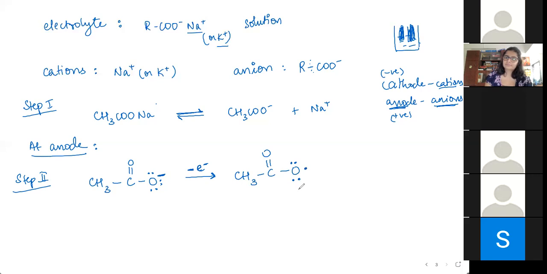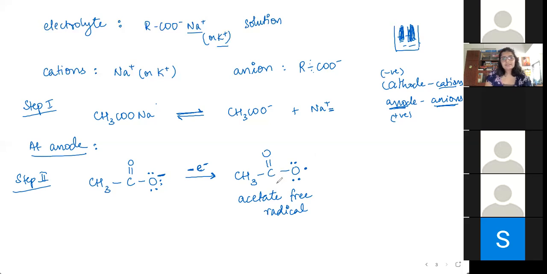Cation. No. Cations के लिए positive. This is a free radical. Now, because it has only one CH3, we call this the acetate free radical. Okay.